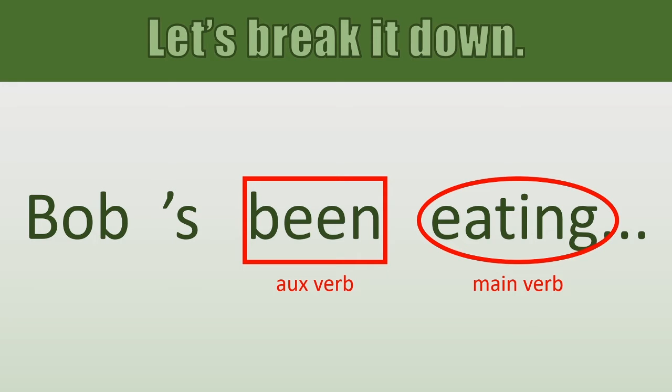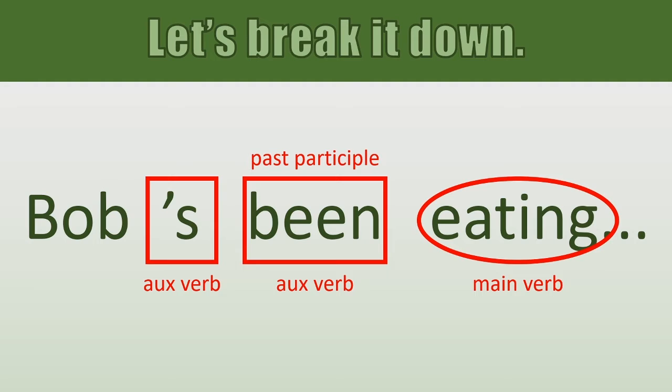There's an apostrophe S here as well. What is this apostrophe S? Well, usually apostrophe S is going to be some kind of be verb. And can we have be and the past participle? Yes, so maybe it's is. No. It's not is.